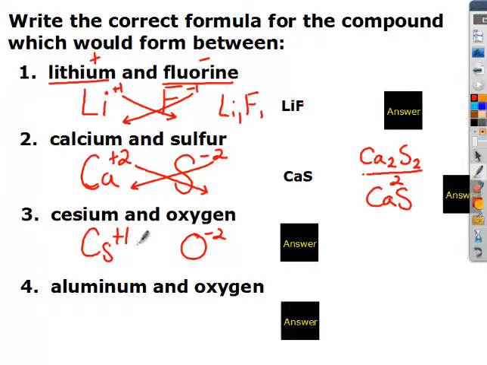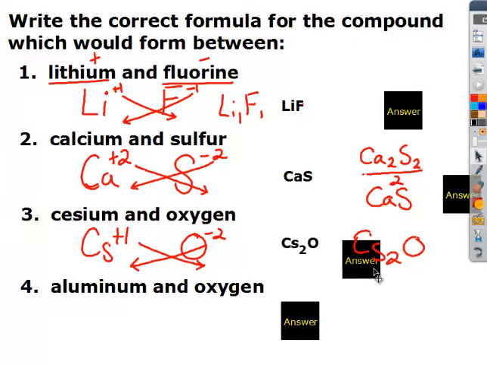Let's cross my charges. So I'm going to get Cs with the 2, and O with the 1, but I don't need to write the 1, so there's my formula. If we look, that is correct, Cs2O.